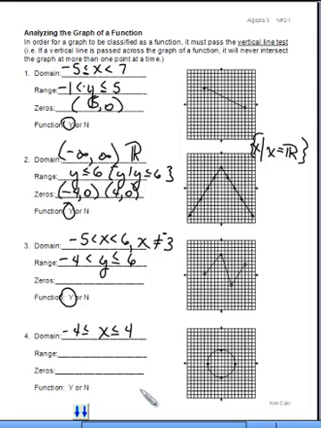So x goes from -4 to 4, and for the circle, the radius is going to be the same and the center is at the origin, so the y also goes from -4 to 4. And our zeros, I forgot to do those on the other one, are (-4, 0) and (4, 0). It is not a function because obviously there's a lot of places where the x's are the same. It doesn't pass the vertical line test.